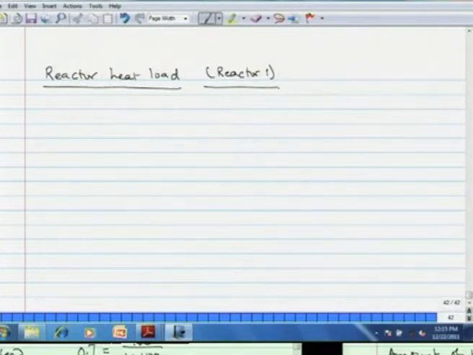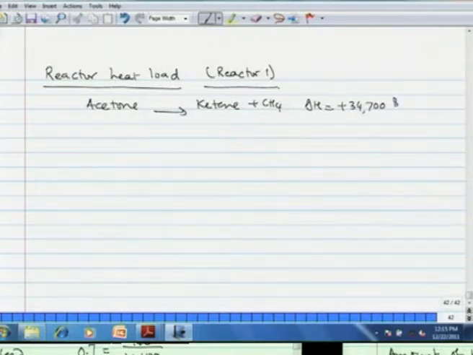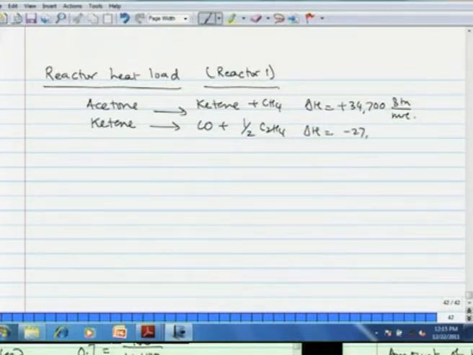Sorry, the first reaction is endothermic. Acetone decomposing to ketene plus methane is endothermic with delta H of plus 34,700 BTU per mole, and the side reaction of dissociation of ketene to carbon monoxide and ethylene is exothermic with delta H as minus 27,000 BTU per mole.